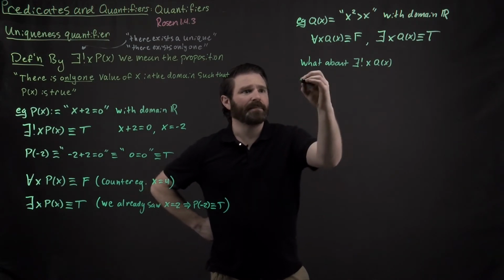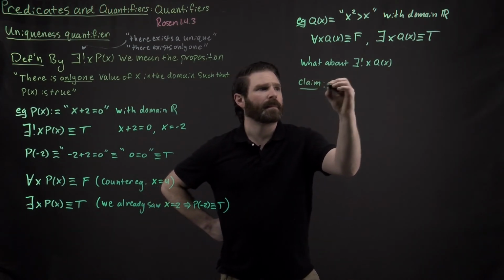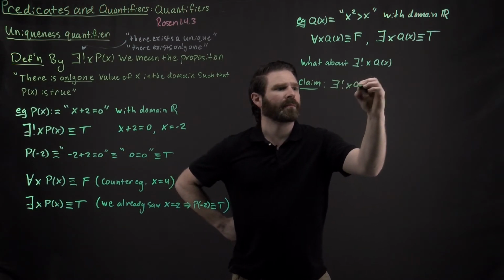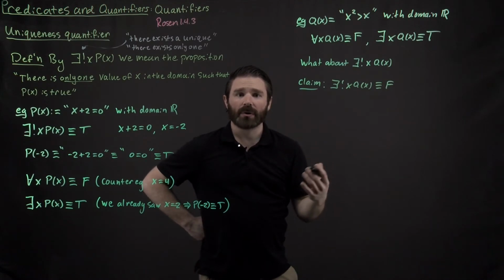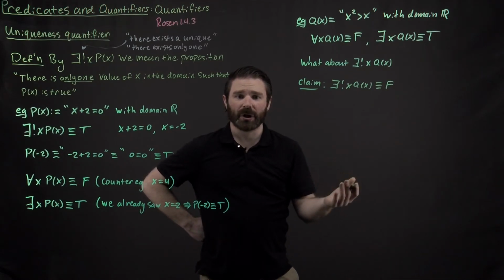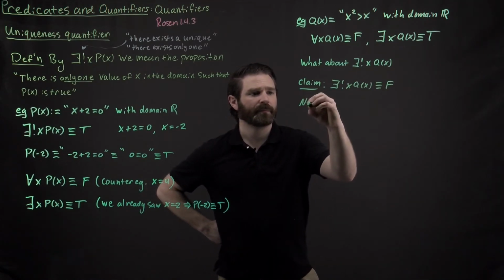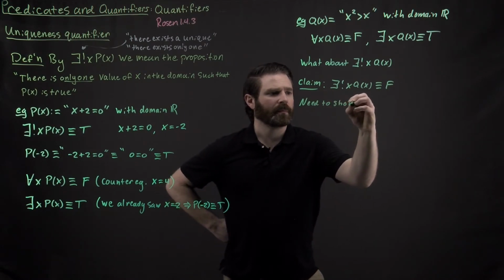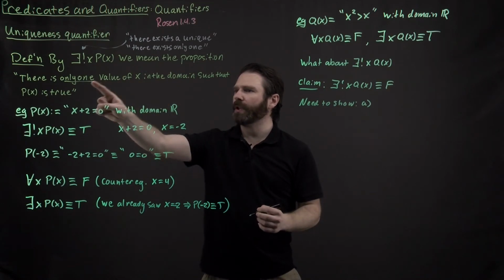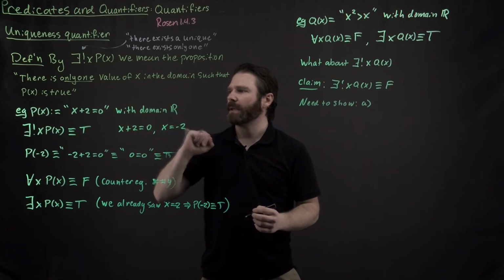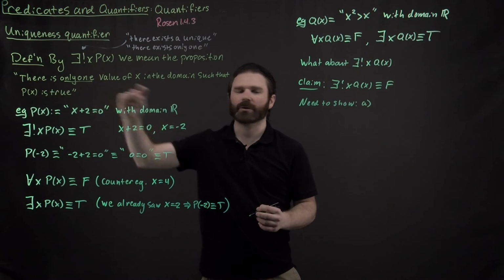So I'm going to claim that that's a false statement. So to show that it's a false statement, I would have to show one of two things. Well, by definition, it says there is only one value of x that makes our propositional function here true.